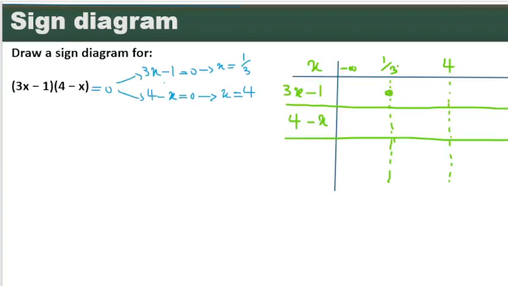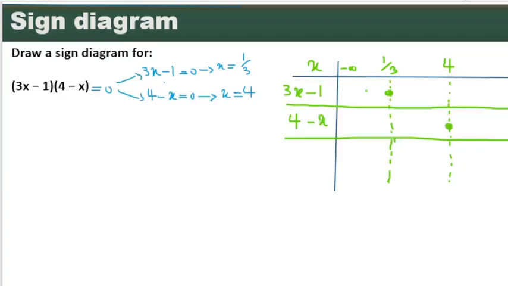So it's my critical point for this expression. And 4 makes the second parenthesis, which is 4 minus x, 0. So 4 is a critical point for this expression.